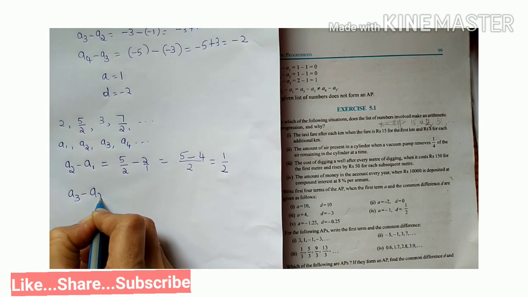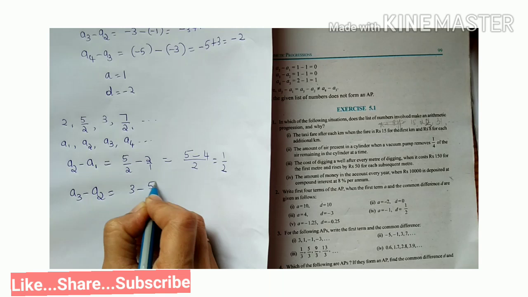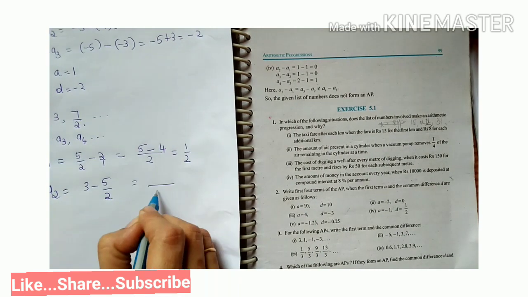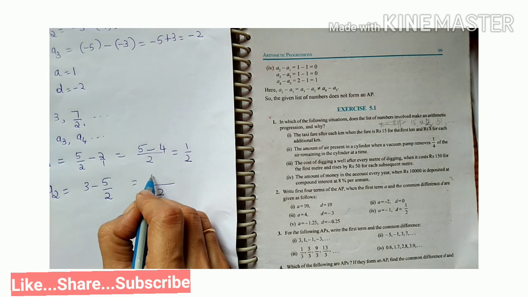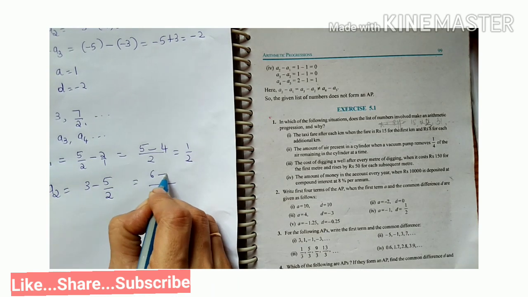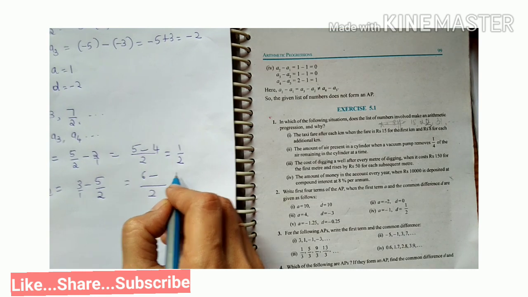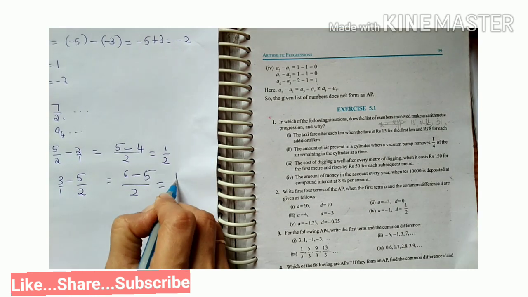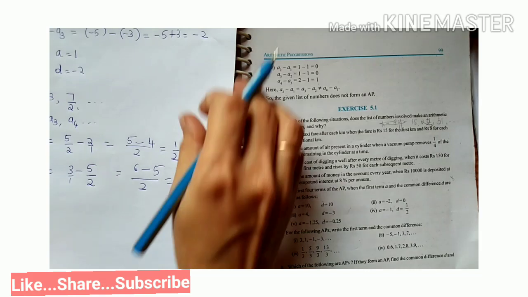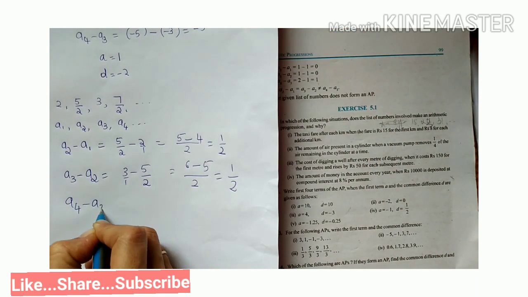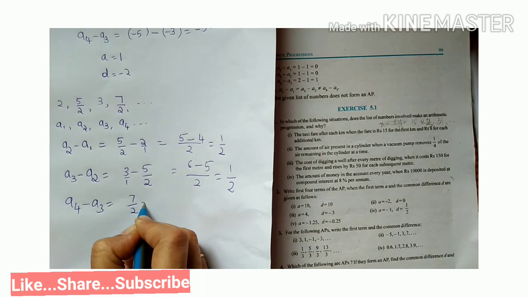Next difference, A3 minus A2, 3 minus 5/2. Here again the LCM is 2. 3 into 2 is 6, 6 minus 5, again half. Last difference, A4 minus A3, 7/2 minus 3.